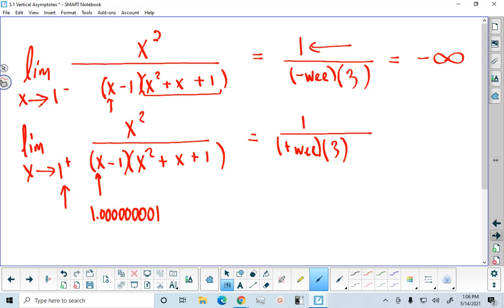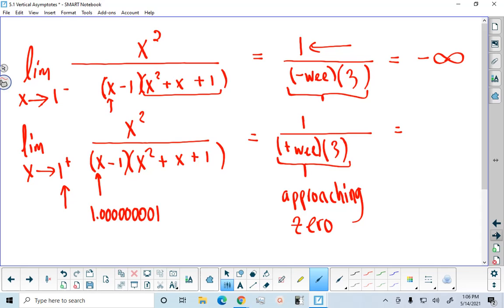So essentially, when you have division by a number approaching 0, both of these are approaching 0. You are going to get an infinitely large result when you divide by a number approaching 0.